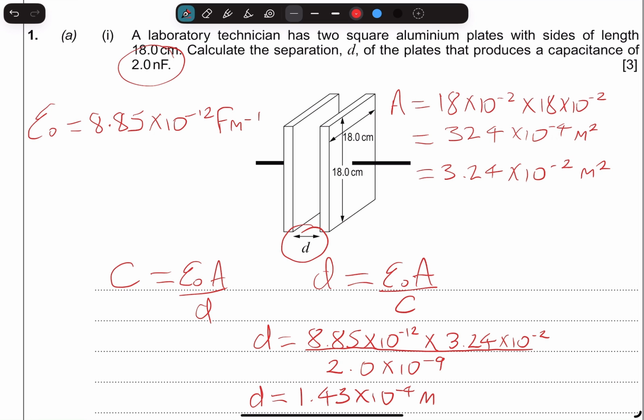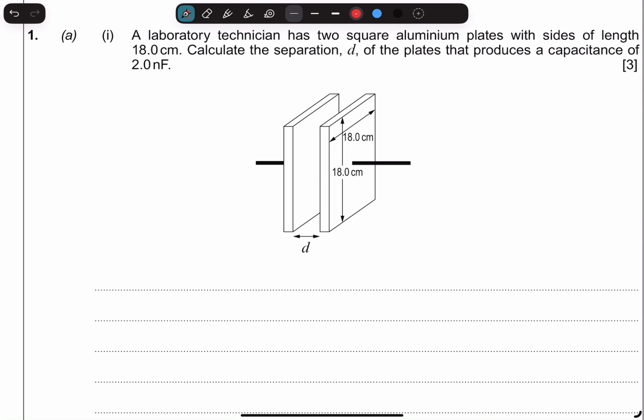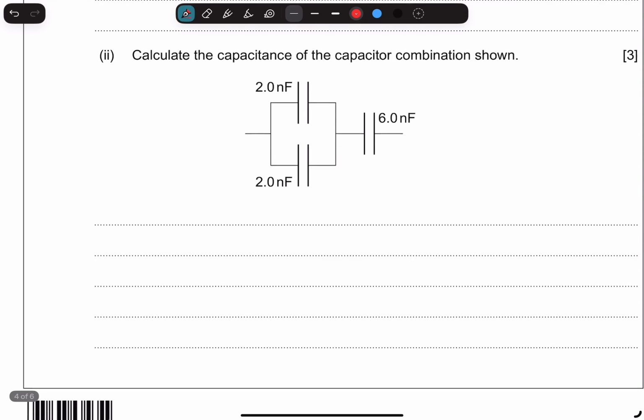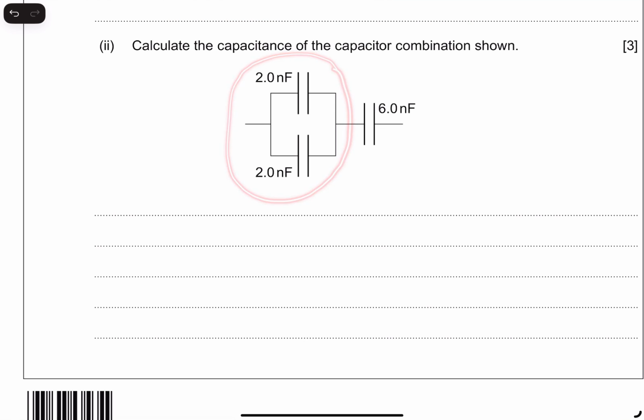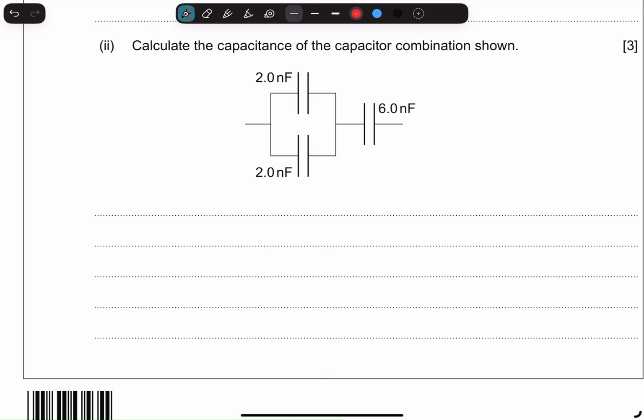Right, so if we clear the screen here and move down, we're now asked to calculate the capacitance of this combination. The way we're going to do that is to treat the parallel section first. These two capacitors are in parallel, and this parallel section is then in series with this capacitor here. For capacitors in parallel, you work out the total capacitance by C1 plus C2.